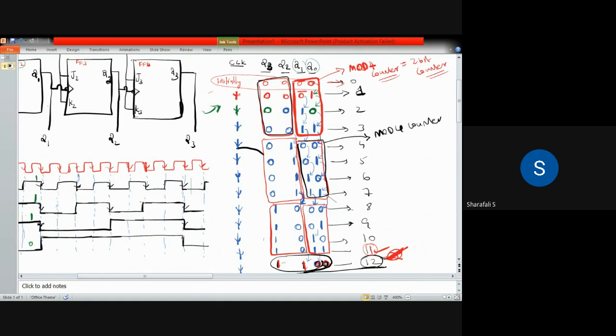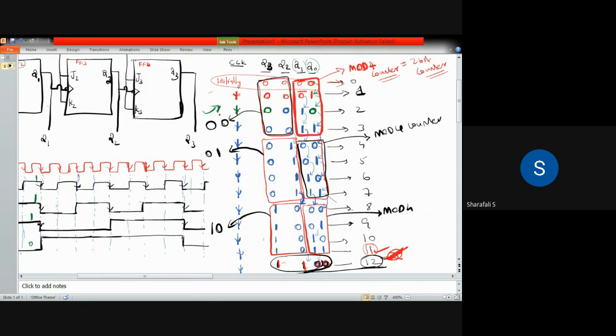Initially this box will give me 0, that is the 0, 0 state. Then it changes to the 0, 1 state. Here also I am getting the output of mode 4, but here I am getting 1, 0, 1, 0, 1, 0, 1, 0. I can write 1, 0 here.